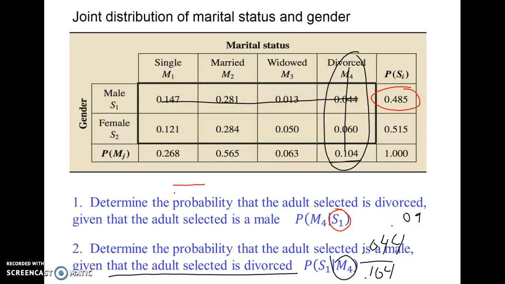So I'm going to take 0.044 divided by 0.104, and that's going to give me 0.42, really 42.3. So 42.3% of the people who are divorced are males, and if I go up to the top one, 9% of the males are divorced.